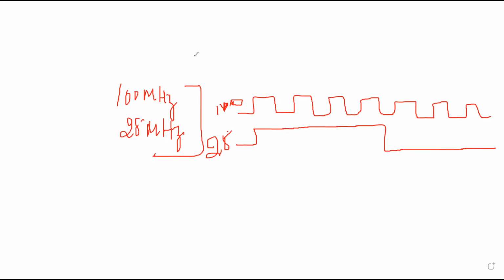Only if the source is the same, sir. Because phase is matching. Correct. So by just seeing the signals, we can't say that these clocks are synchronous. We also have to see the source.